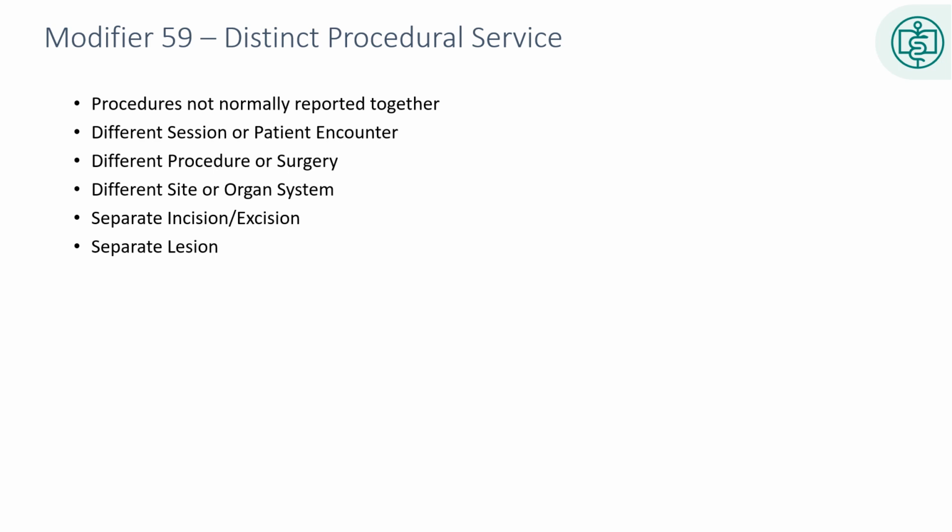It is important to note that the use of Modifier 59 should always be well documented in the patient's medical record to support the need for the separate and distinct service. The documentation should clearly explain why the additional service was necessary and how it was different from the original service provided.